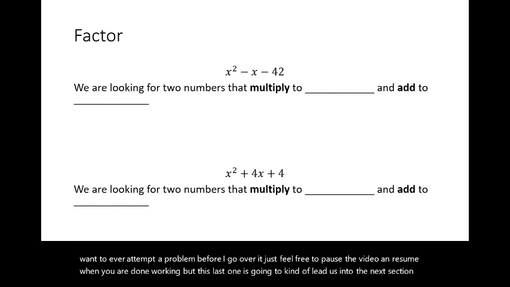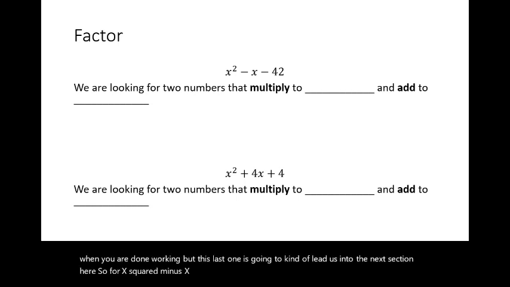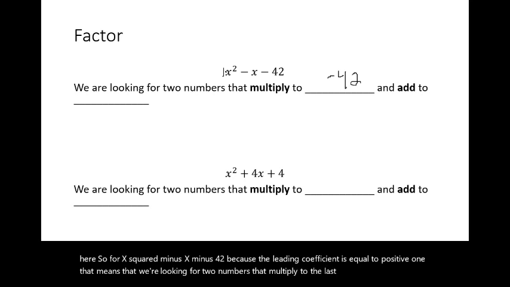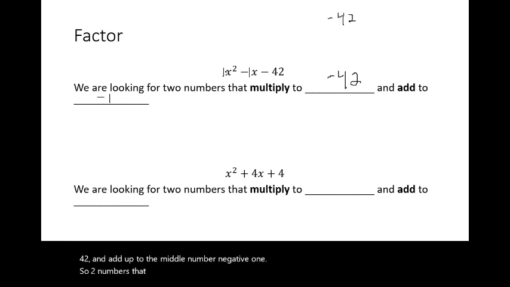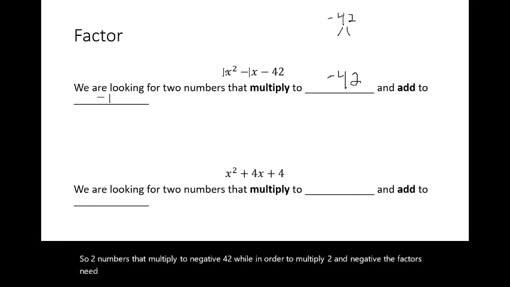So for x squared minus x minus 42, because the leading coefficient is equal to positive 1, that means we are looking for two numbers that multiply to the last number, negative 42, and add up to the middle number, negative 1. So two numbers that multiply to negative 42. Well, in order to multiply to a negative, the factors need to have different signs. One of them needs to be positive and the other needs to be negative.